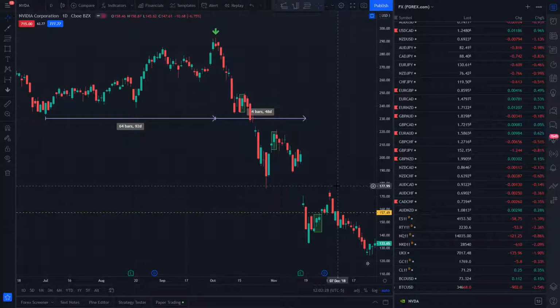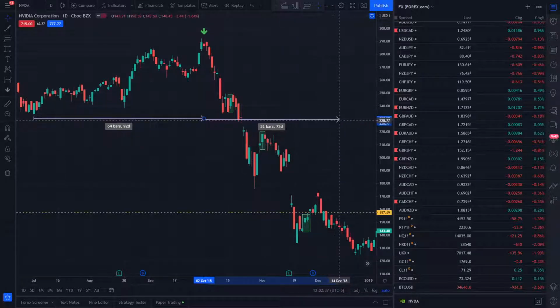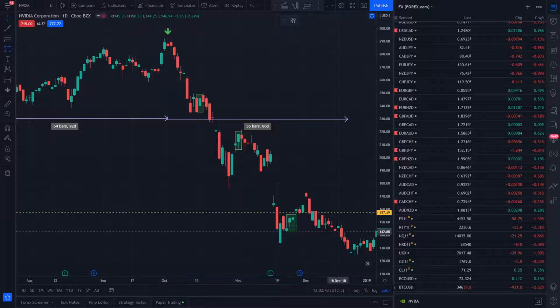But to this effect of what we're talking about here, now that we've gone further and further in time, we've now gone 60 days. And as you start to get over here, we're starting to get hammers that make a little bit more sense.